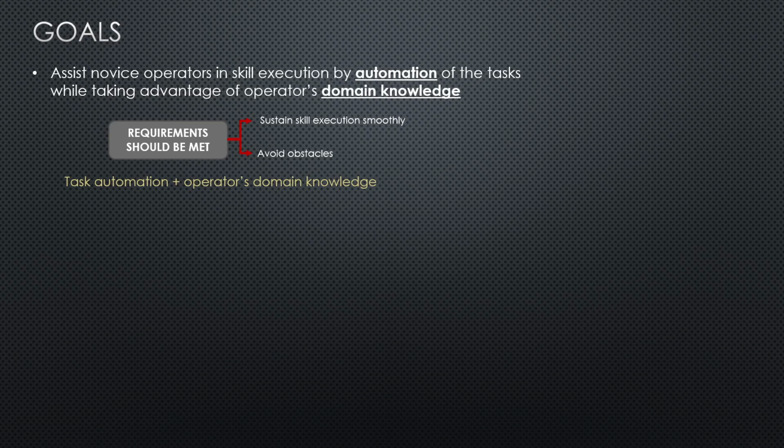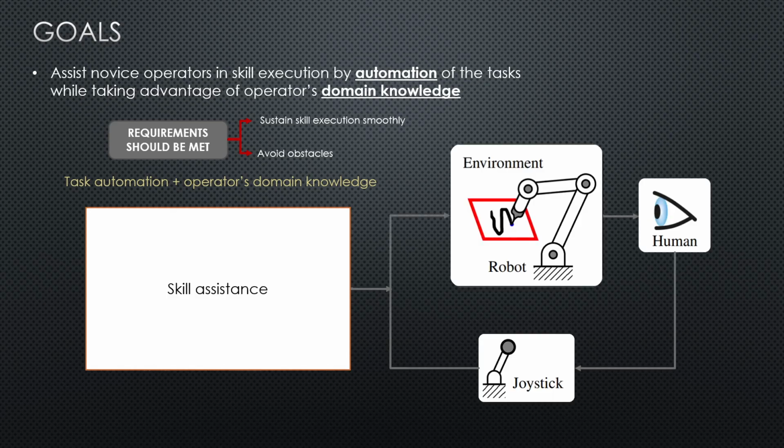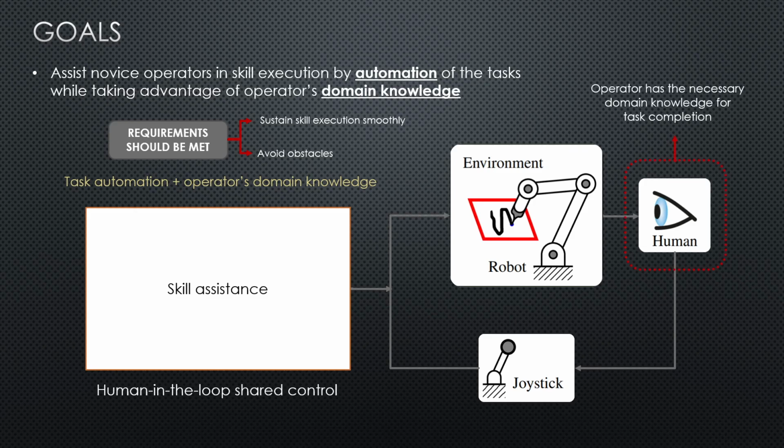So, combining these two requirements, automating the task but also taking into account the operator's domain knowledge, we actually want to assist the operator while he's performing the task, rather than completely eliminating the operator. So the idea of skill assistance or human-in-the-loop shared control comes into the picture, and this is also the primary contribution of this paper.